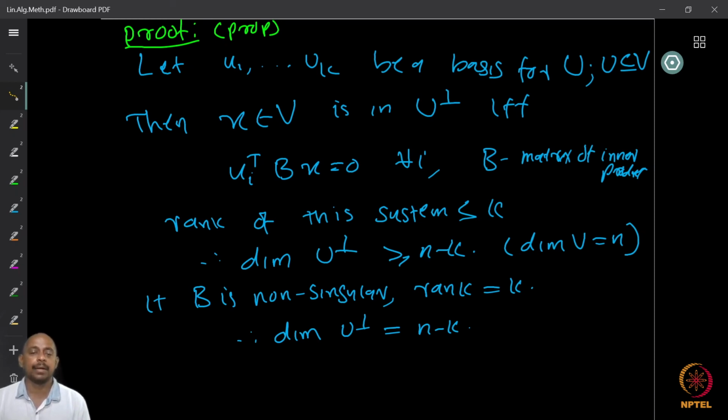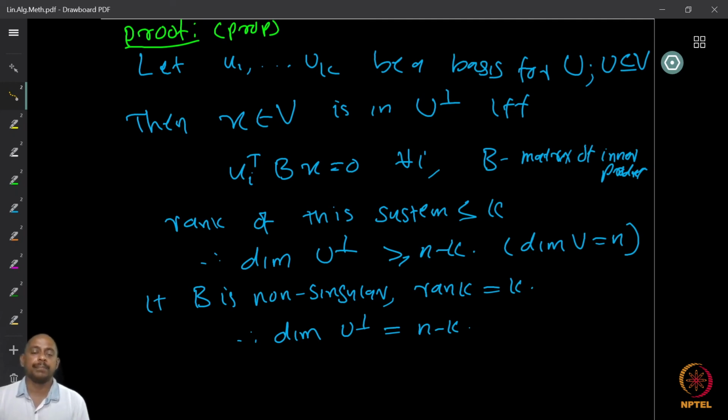And then if B is non-singular, then we know that the rank must be equal to k. Because if B is non-singular, then there is at least one k cross k submatrix you can find over these k equations whose determinant is not 0.